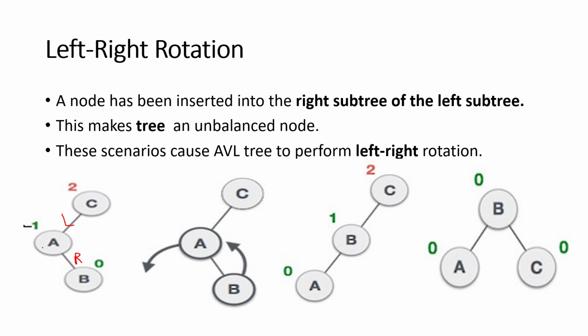Left rotation, how to do that one? First interchange A and B. B should come here, A should come here. Then you change the direction. Earlier it was on the right side, now bring it to the left side. So B goes above, A will be the child, and this is the left link.